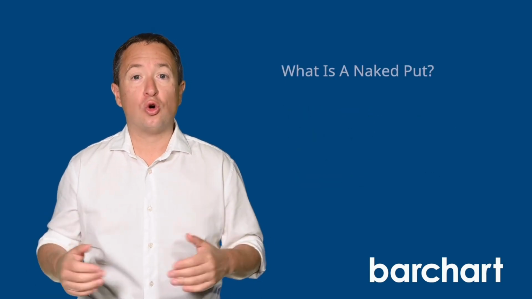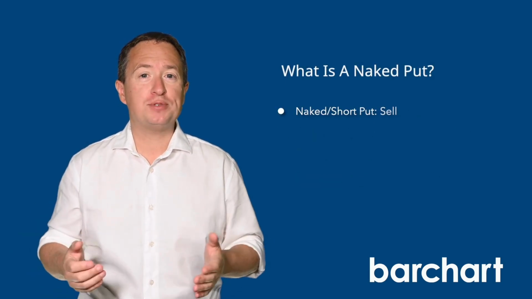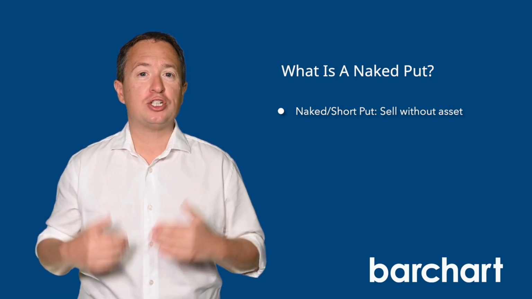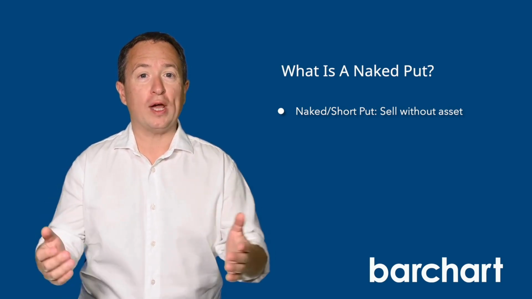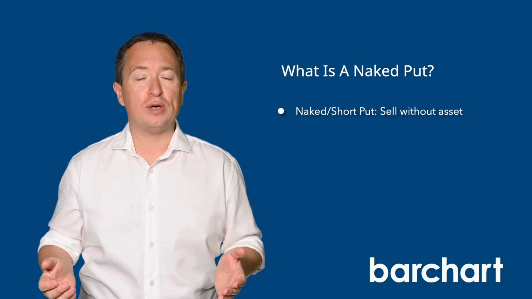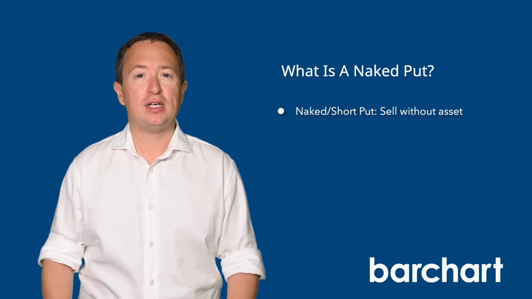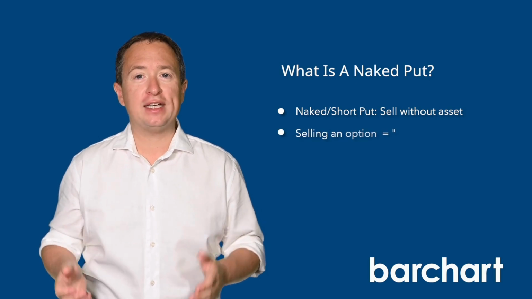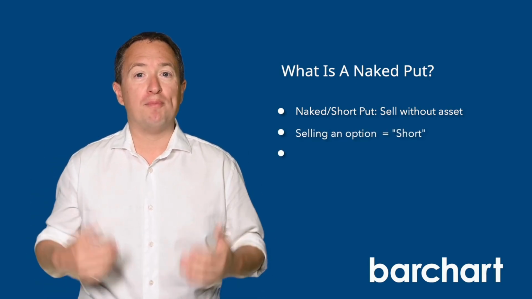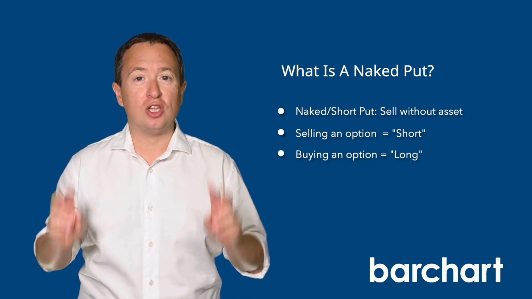A naked or short put is an options trading strategy in which the trader sells or writes a put option without owning the underlying asset. A trader selling an option is said to be short, while buying an option is said to be long.